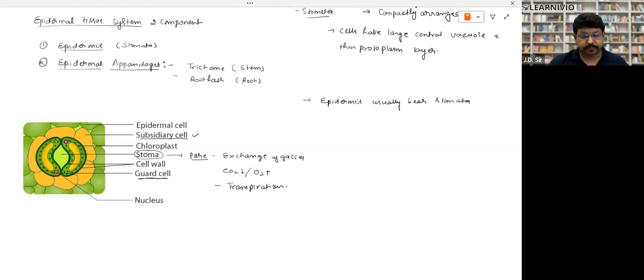Full stop. Stomata are absent in the root layer. Full stop.